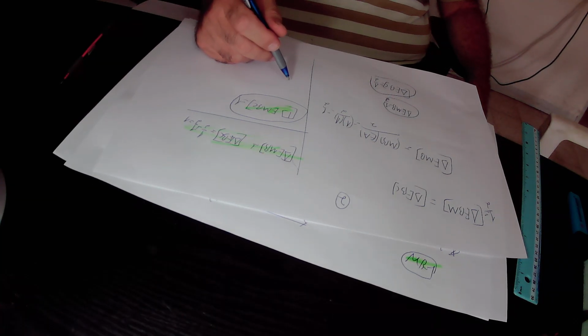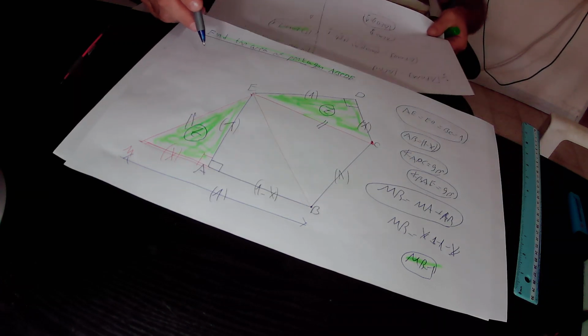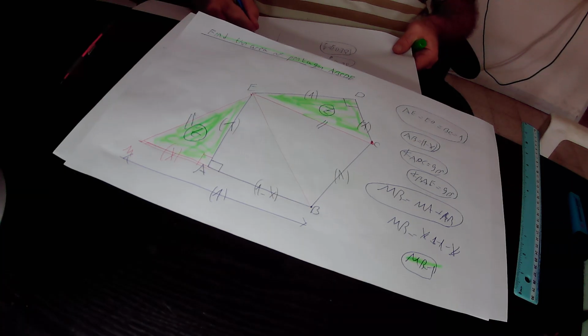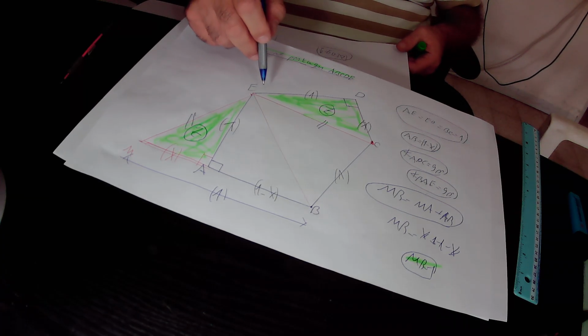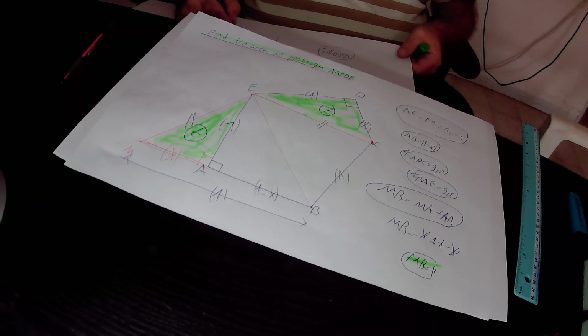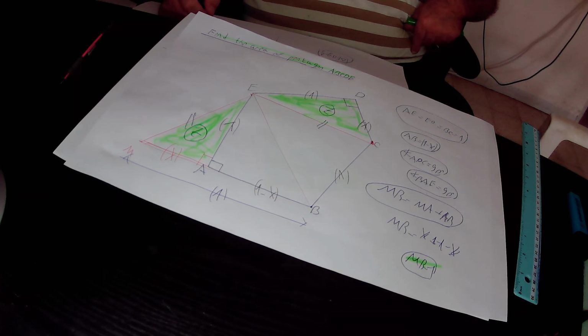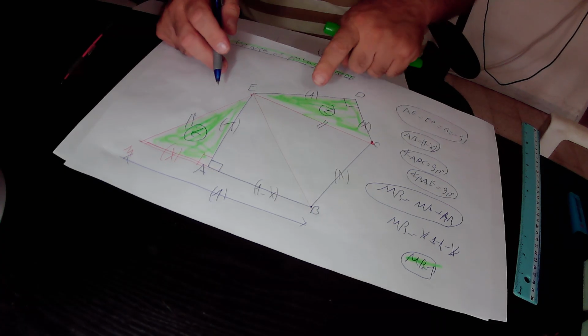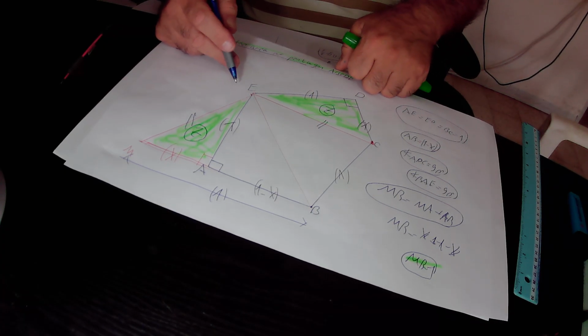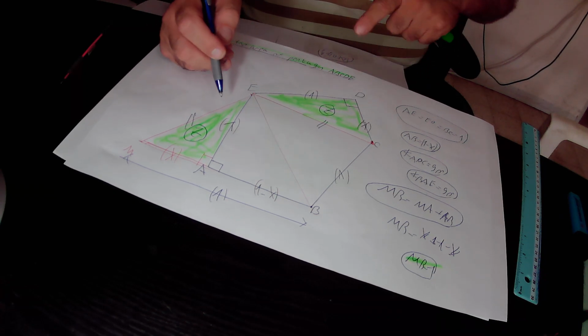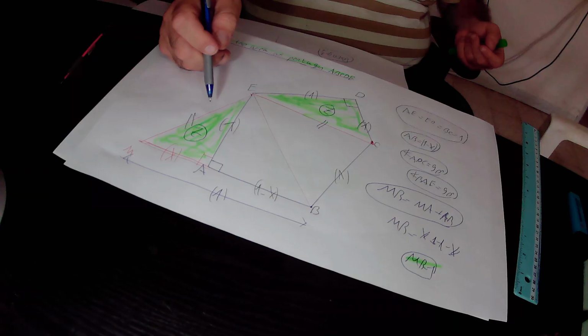So the area of the green right triangle EAM plus the area of this quadrilateral ABCE is equal to 1, because quadrilateral EMBC consists of those two shapes, and we already found out that the area of quadrilateral EMBC equals 1.